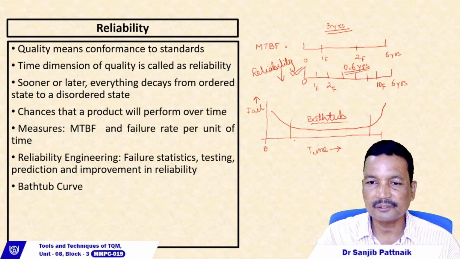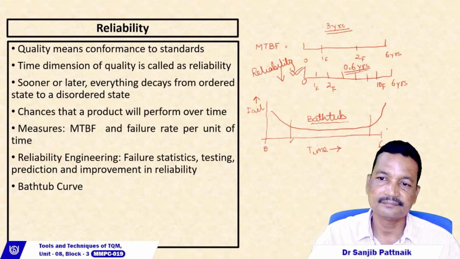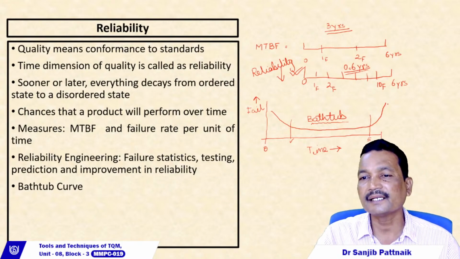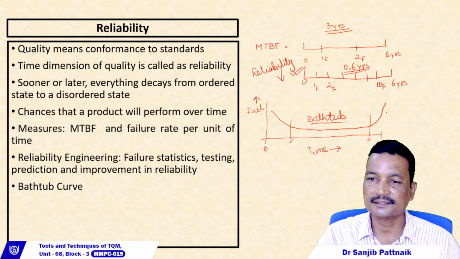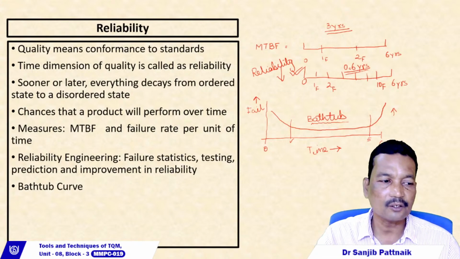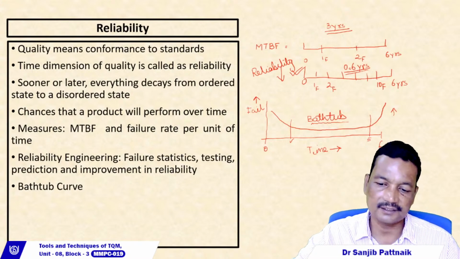Once it reaches a particular time period here, the failure rate is very less. But after a certain time period, suppose 5 years, due to wear and tear, again the failure will increase. Failures are increasing. This has been seen in almost all the products.